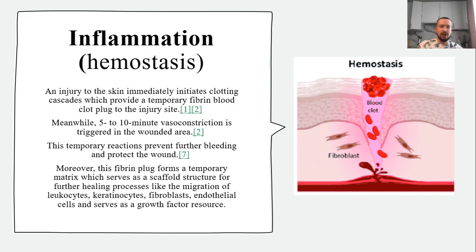Moreover, this fibrin plug forms a temporary matrix which serves as a scaffold for the further healing process, like the migration of leukocytes, keratinocytes, fibroblasts, and endothelial cells, and serves as a growth factor resource.